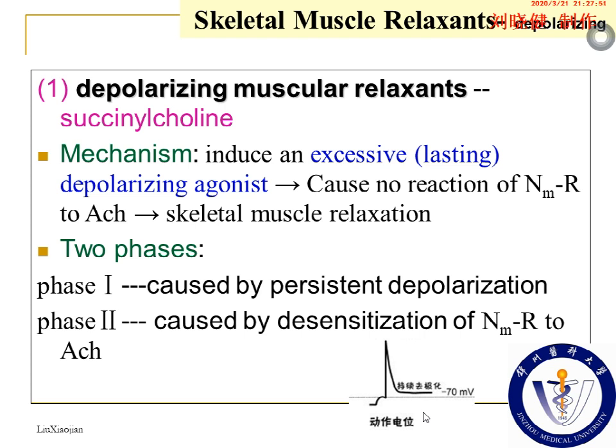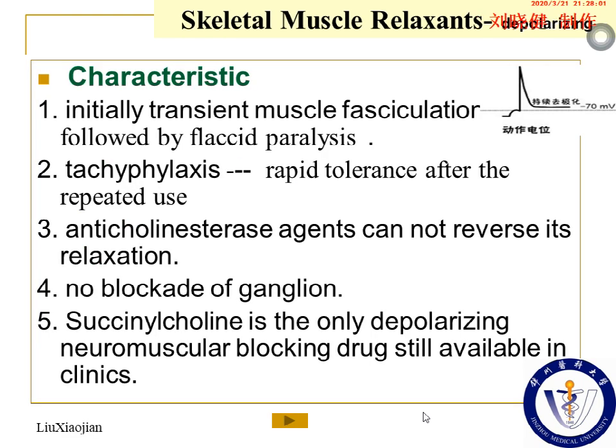So this agent causes a resistance to depolarization, phase 2, and flaccid paralysis. Because of this mechanism, the characteristic of its action is that it induces initially transient muscle fasciculation because of this depolarization, followed by flaccid paralysis, phase 2.